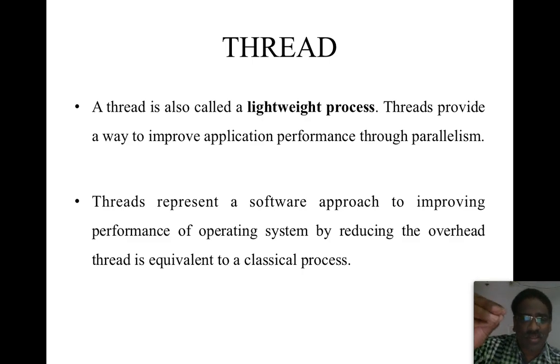What is the meaning of both statements? First, whenever you write a function within a program, if the function is dependent on another function, we have to see what type of scheduling methodology you have to execute.